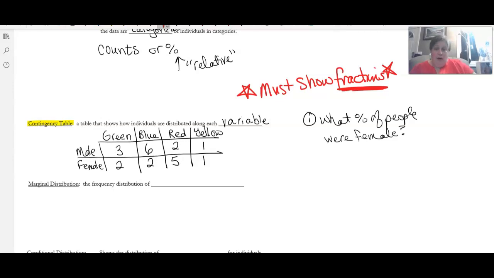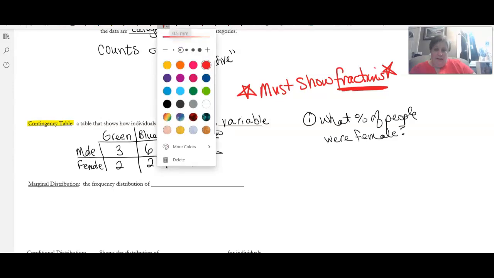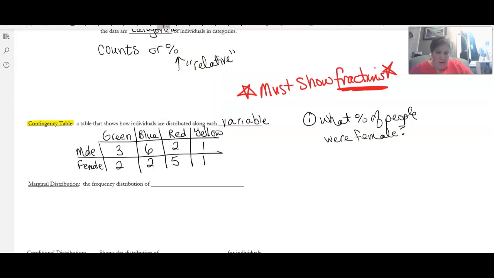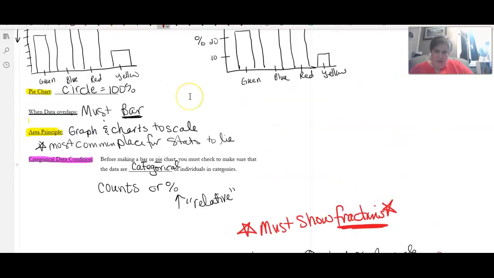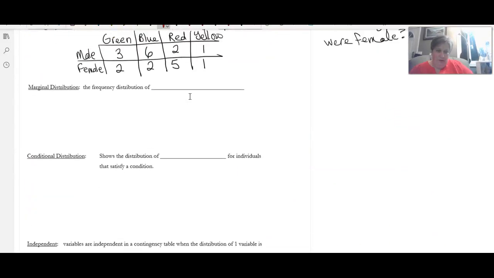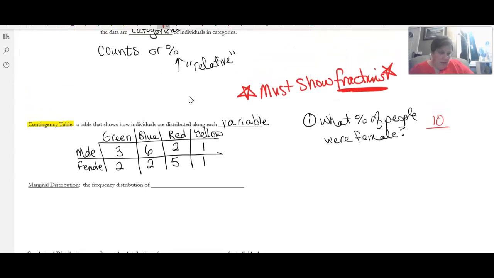So, what percent of people were females? Well, 2 plus 2 plus 5 plus 1. That's going to be 10 out of, how many did we say? I forgot what we said. 22. 10 out of 22. Okay? You don't even have to show the decimal.